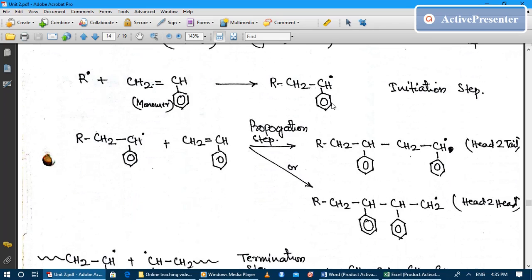Now this whole species, you can say that now this is another second free radical.